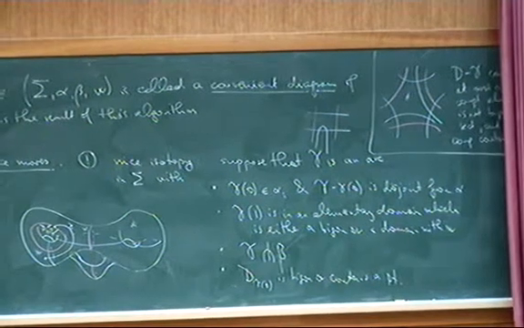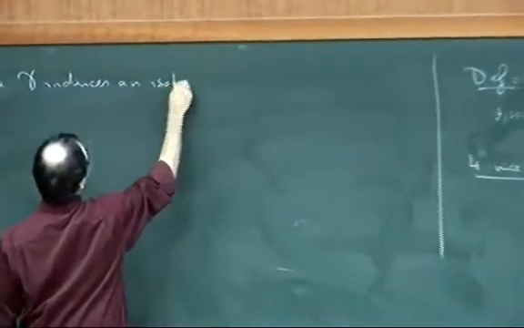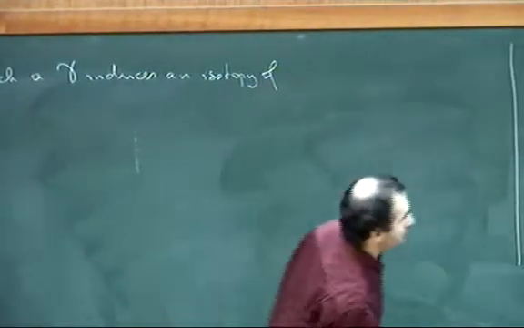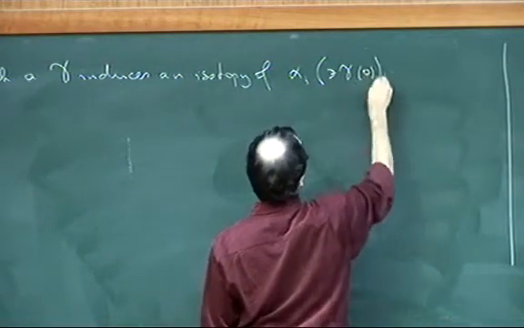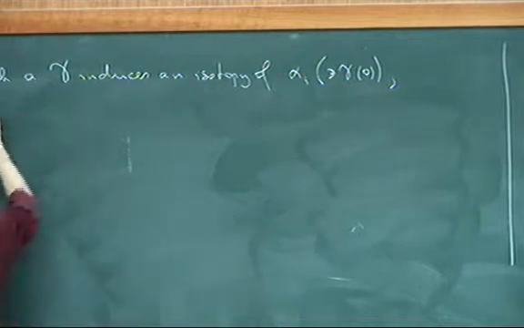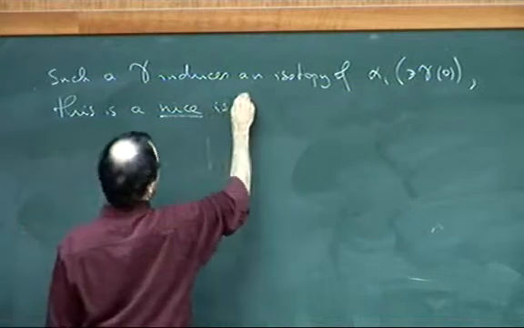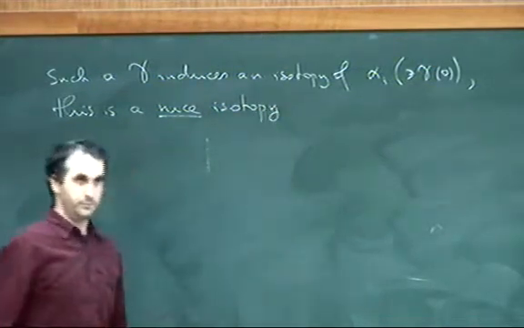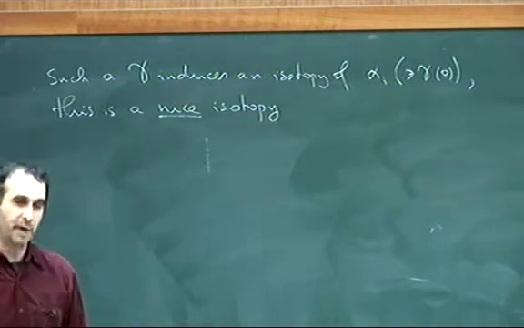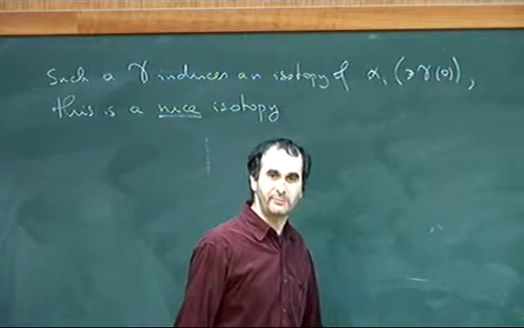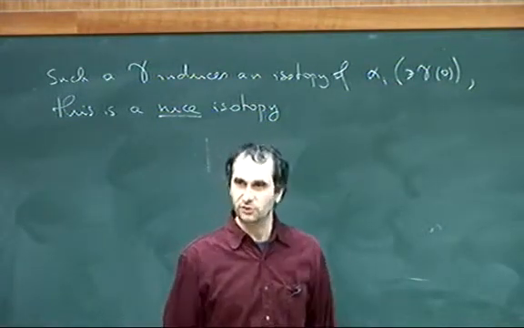Such a gamma induces an isotopy of alpha I, which contains gamma naught, and this is called a nice isotopy. Okay, so this is move number one, and you are allowed to do that. The property is that if you start with a nice diagram and you apply a nice isotopy, the result will be nice. You never screw it up.